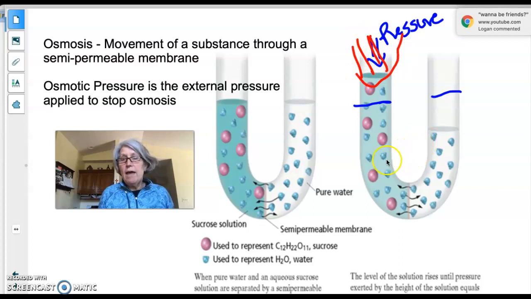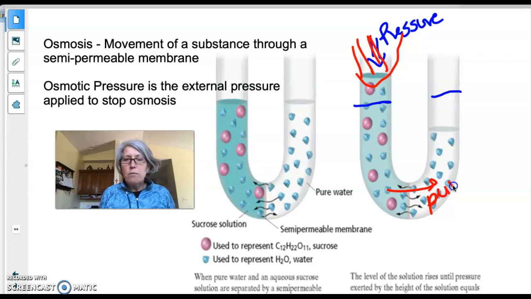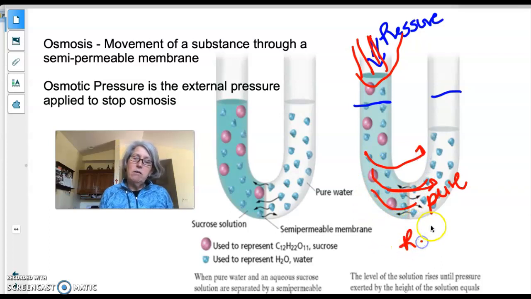If we add a whole bunch of pressure, then that means we could force pure water to go through that semi-permeable membrane. So what if we could force all of this to go back to pure water? And that is called reverse osmosis, also known as RO.